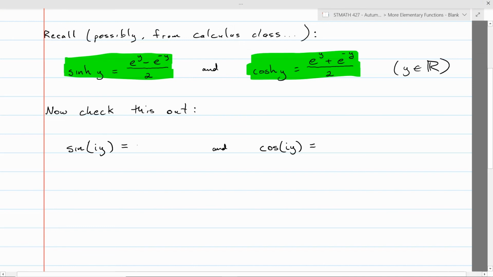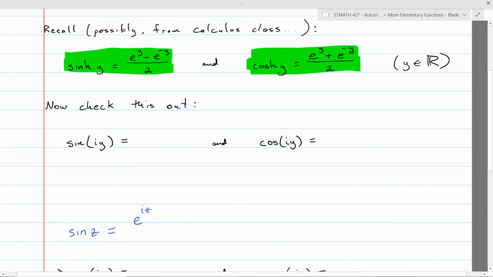So sine of iy, remember sine of z is e to the iz minus e to the negative iz over 2i, okay? So I want to plug iy in for z into that. And when you do that, you get e to the i times iy minus e to the negative i times iy, and then that would all be over 2i.